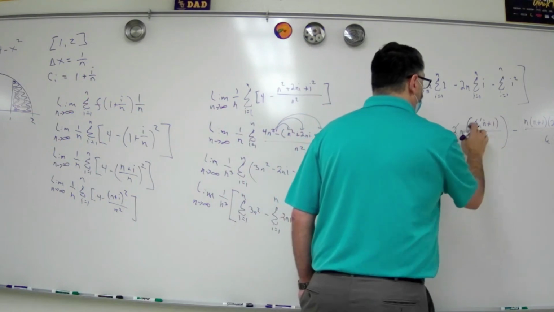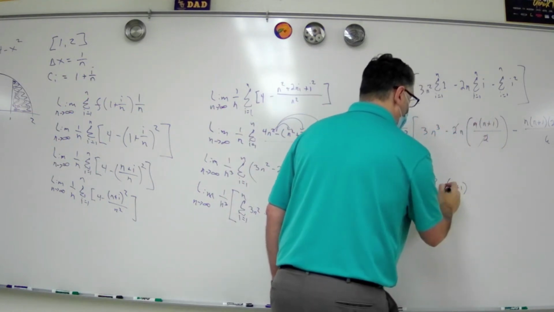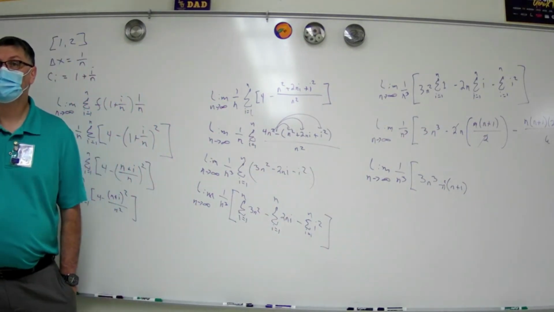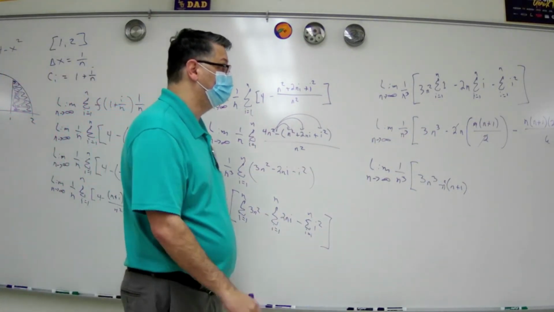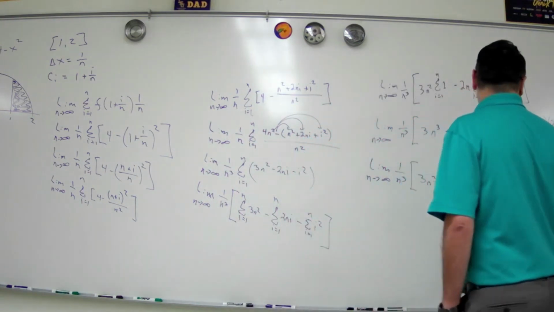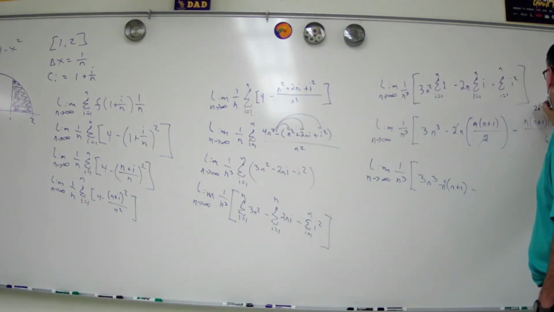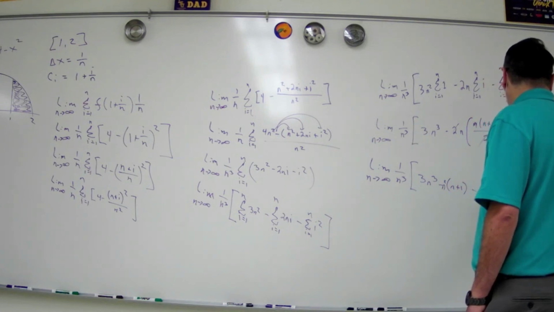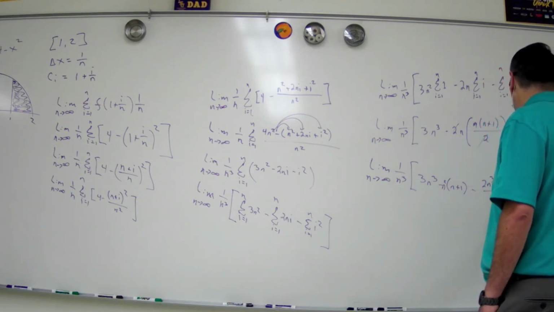This n does not go away. That's n squared, because that's 2 over 1. Not to make a huge algebra mistake. Minus, let's just expand this. 2n squared plus 3n plus 1. So this gives me 2n cubed plus 3n squared plus n over 6.